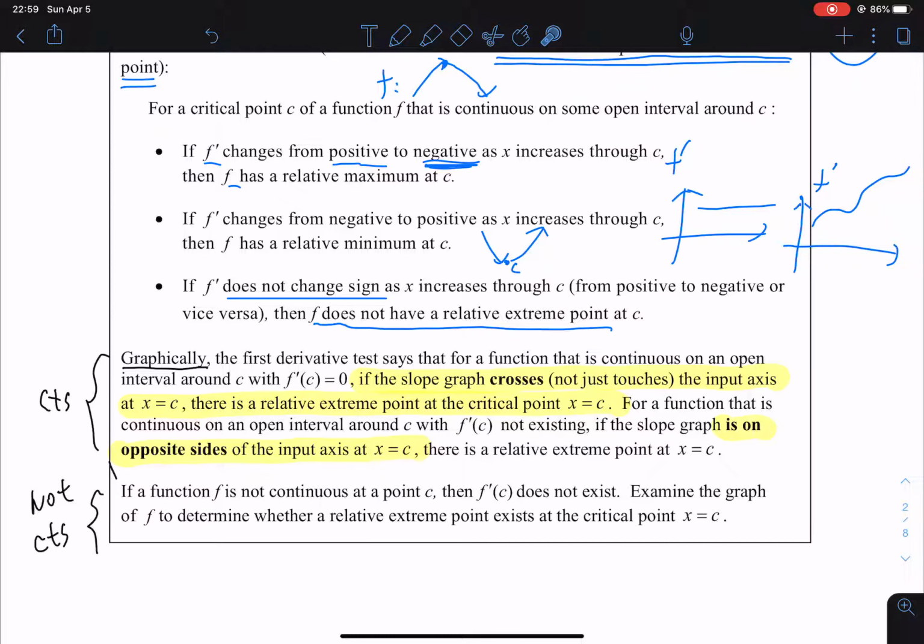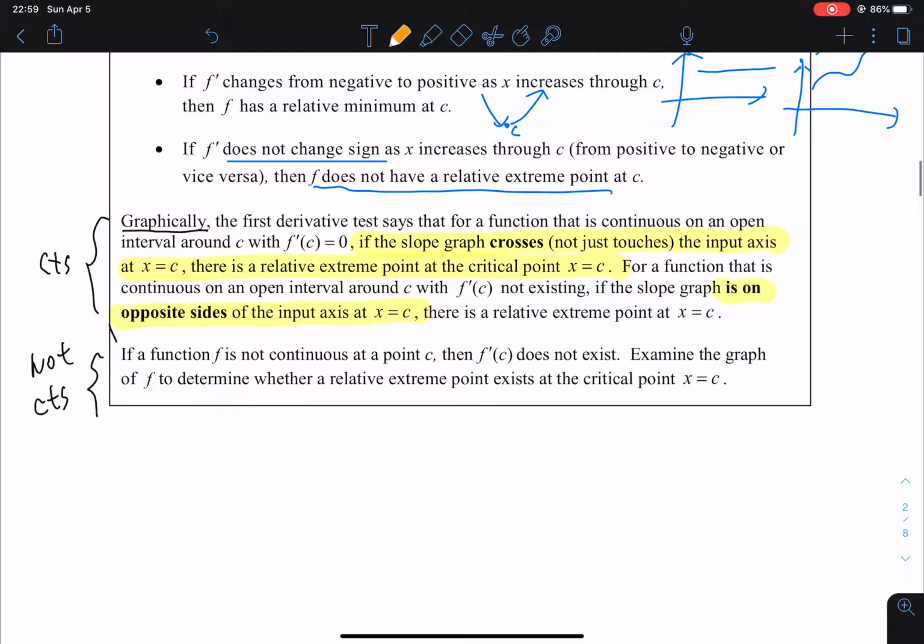If the f prime of x, or the slope graph, crosses the x-axis at that point x equals C, that means for a critical point C, if we want to check if it is a relative extreme point, you can just check f prime of x to see if at the single point C the derivative sign changes from positive to negative or from negative to positive. If the sign changes, then this critical point is a relative extreme point.